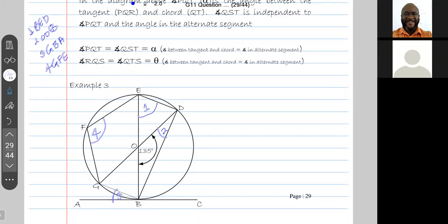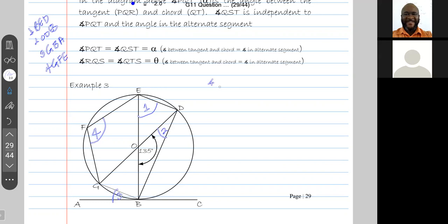The next angle is angle ODB, which we have identified as angle 2. Angle GBA, we have identified as angle 3. And angle GFE, we have identified as angle 4. So let's start off with angle 1.